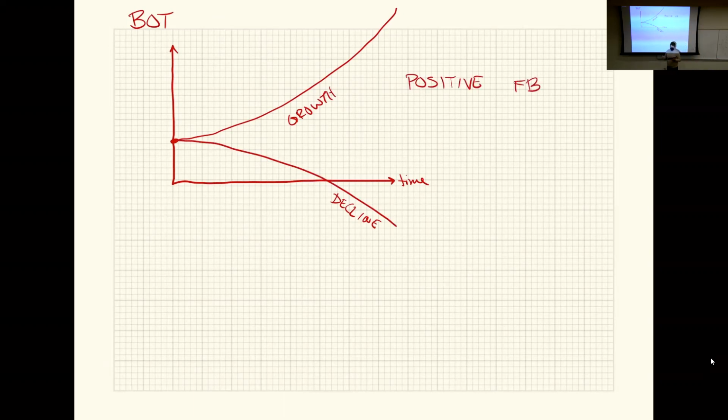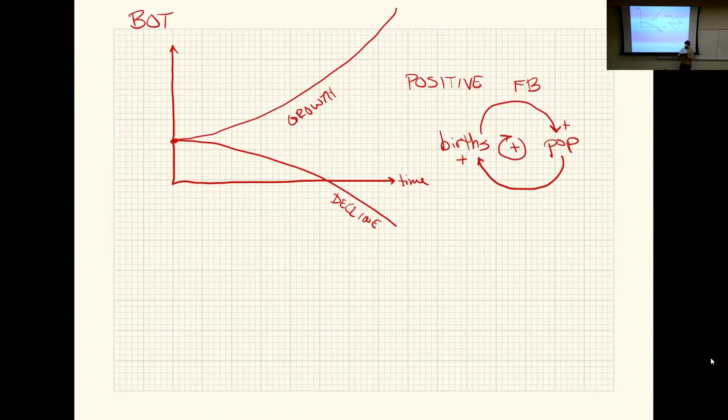Absolutely. So if we have like population and say birth, then we know that as the population gets larger, the number of births gets higher. As the number of births gets higher, the population gets larger. And so we have a classic growth loop there.